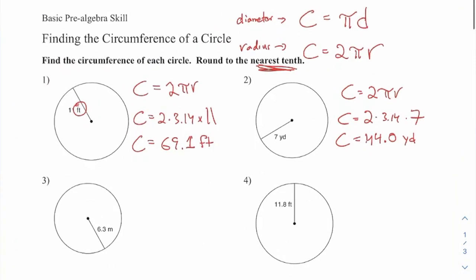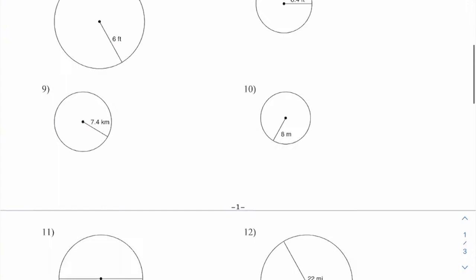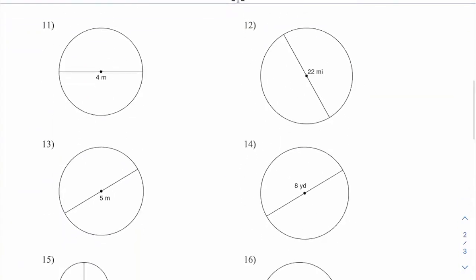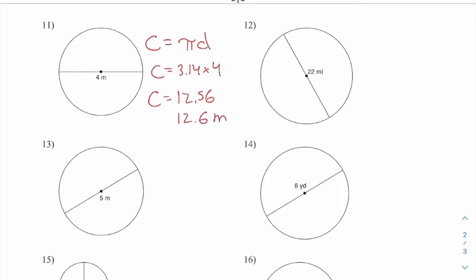Okay, so there's 2 with the radius. Now I'm going to do 2 with the diameter. C equals pi times diameter, so 3.14 times 4 meters. 3.14 times 4 is 12.56. Rounded is going to be 12.6 meters.